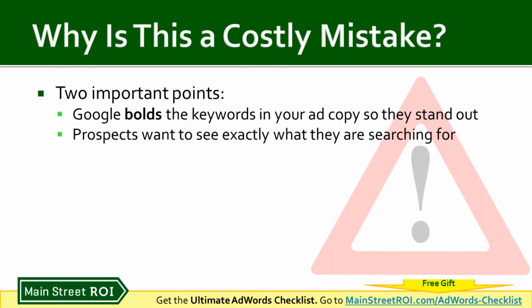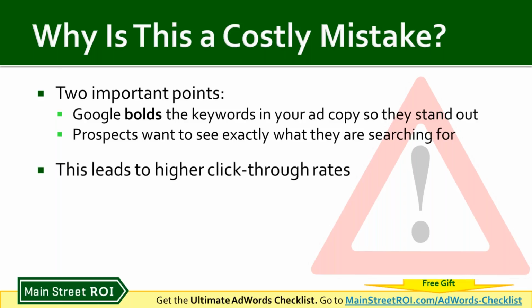And obviously, when a prospect is typing a certain phrase into Google, they are going to be attracted to ads that include that phrase because they want to see what they just searched for. So that's going to ultimately lead to higher click-through rates.